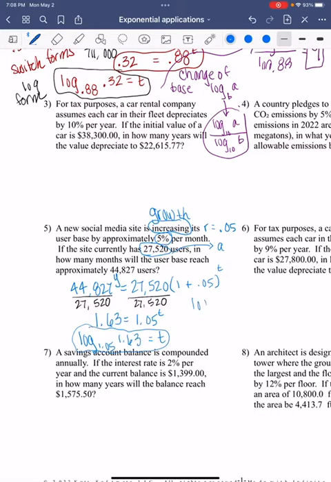So this is the log of 1.63 divided by the log of 1.05. And it's 9.99999, so 10 months.